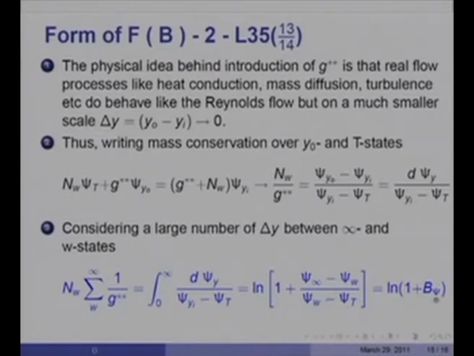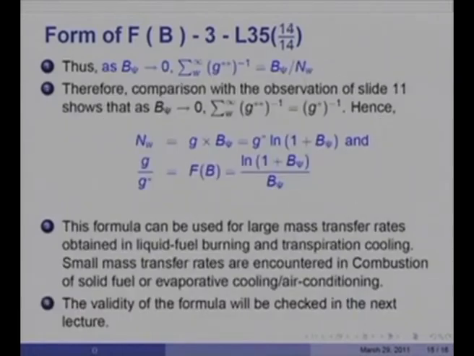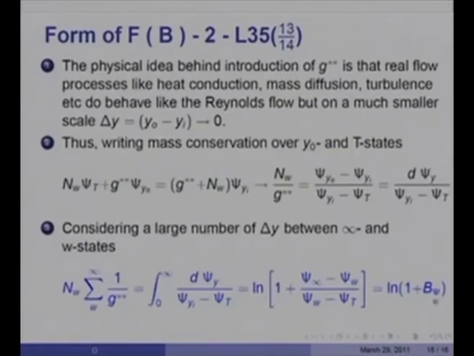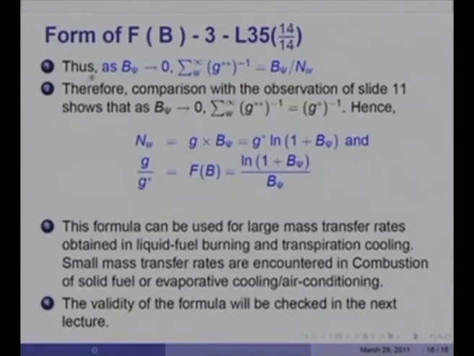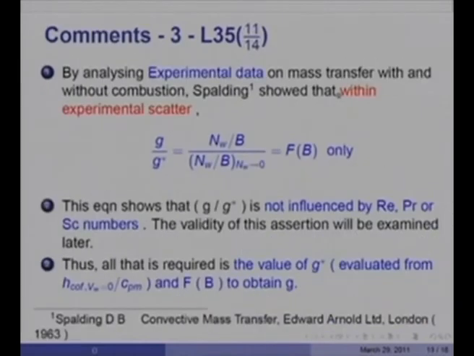So if I take this result further, then as B psi tends to 0, NW times the sum from W to infinity of 1 over G** would simply tend to B psi itself, and so as B psi tends to 0, the sum of G** raised to minus 1 would tend to B psi by NW. And therefore, comparing with the observation of slide 11, what was the observation we made on slide 11?